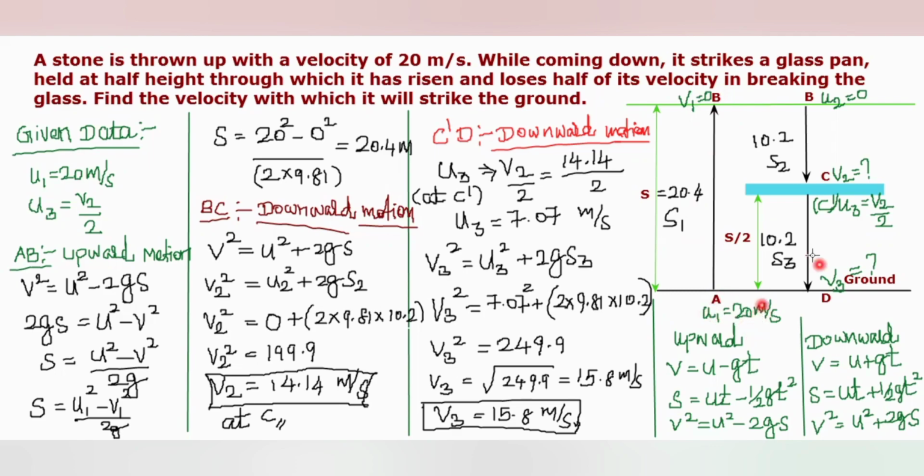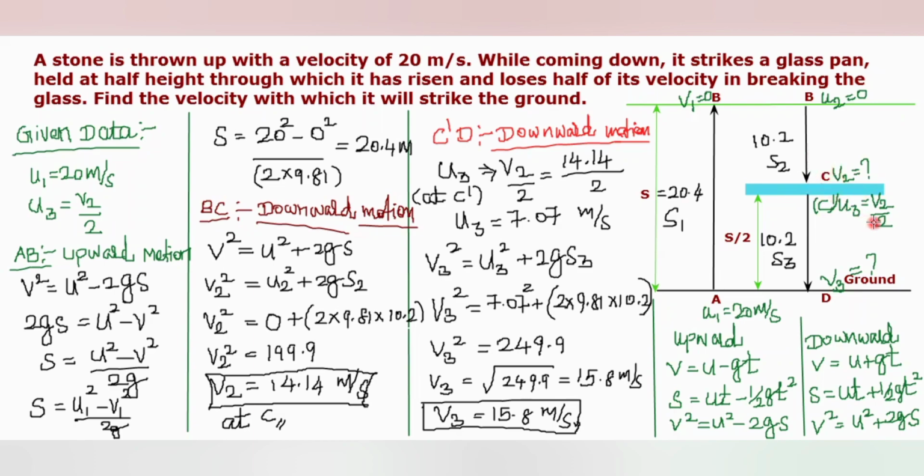But here, exactly halfway in the distance, we keep a glass window. The stone along its pathway is going to hit the glass pane. So the velocity of the stone after striking the glass pane becomes half of the value it had while breaking the glass pane.